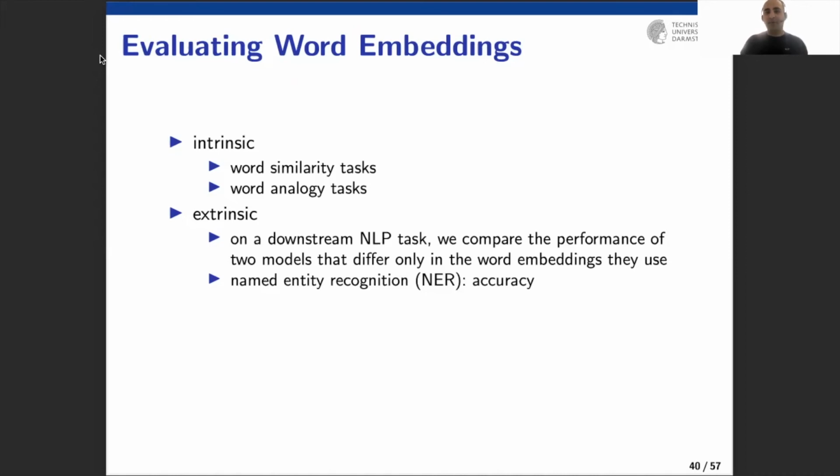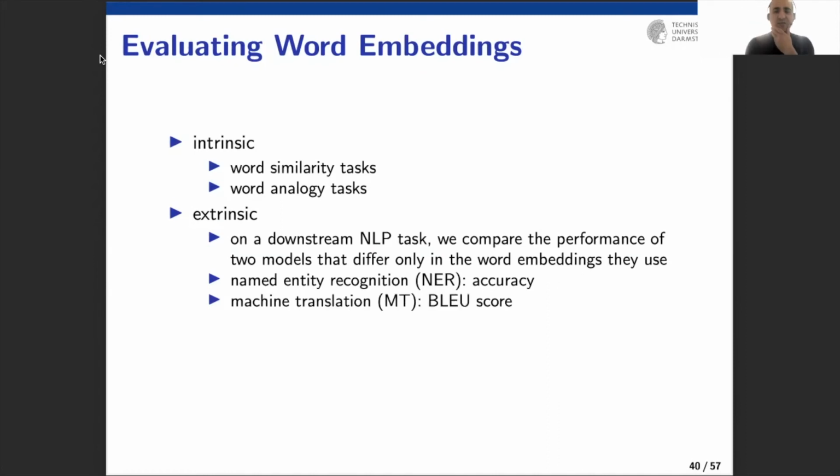And we check which one results in a higher accuracy for the named entity recognition task. Since the only variable in this experiment is the type of word embedding that we use, the higher accuracy means that that word embedding is more informative than the other one.